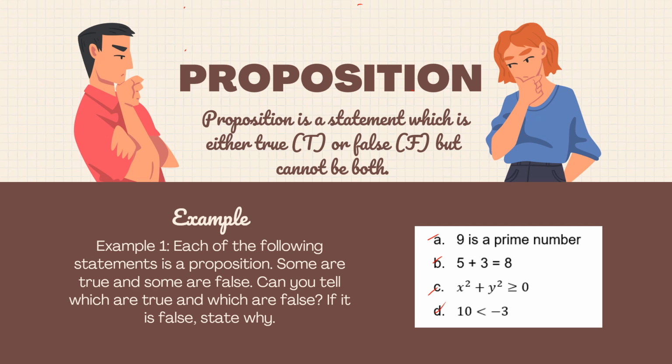Okay, so example 1, each of the following statements is a proposition. Some are true and some are false. Can you tell which are true and which are false? If it is false, state why.